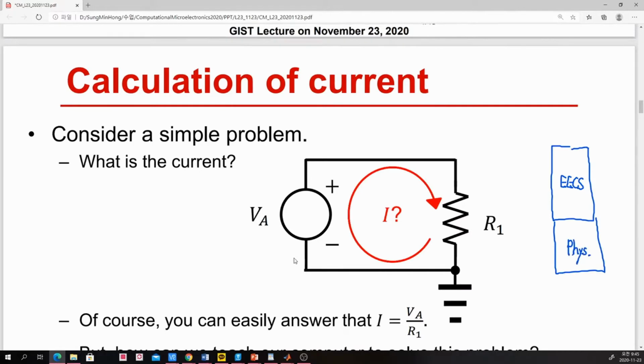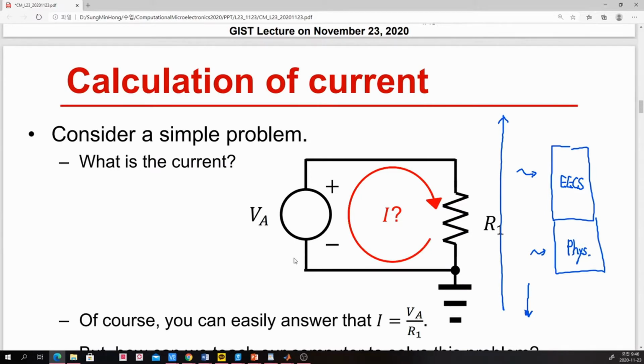The reason why I draw the ECS in the upper part and physics in the lower part is because this is related with a certain hierarchy. When you go in the downward direction, this is more fundamental and closely related with physics.